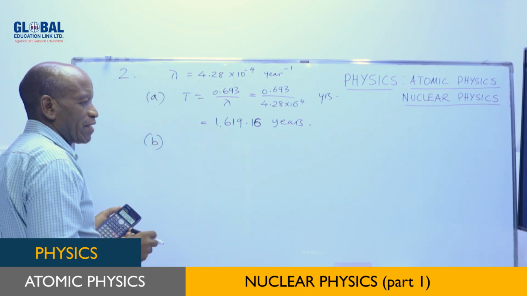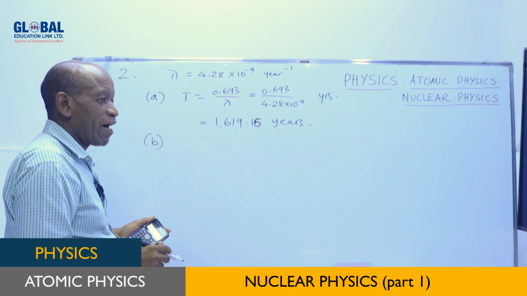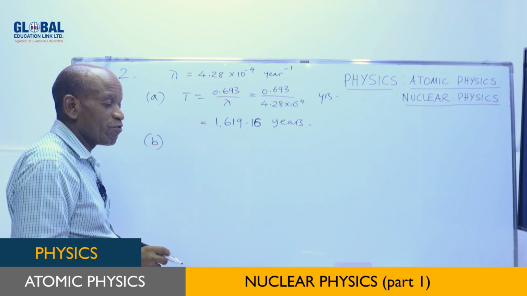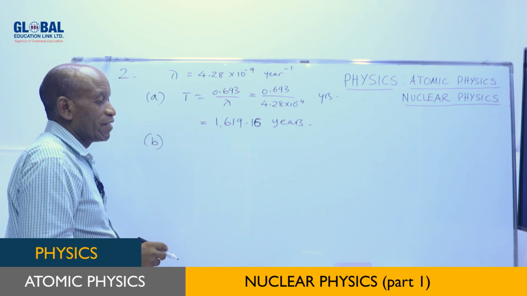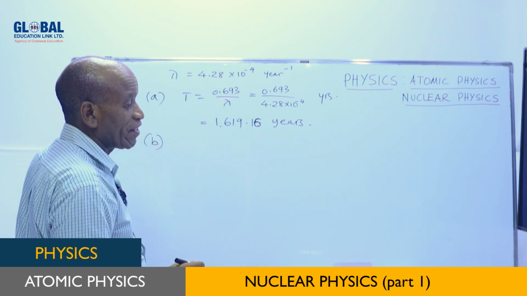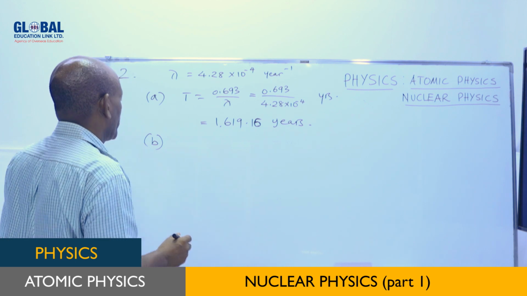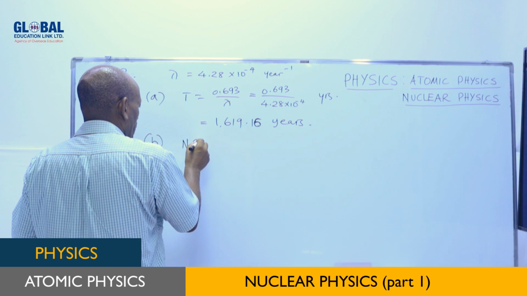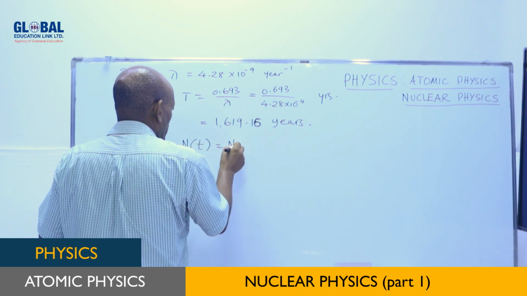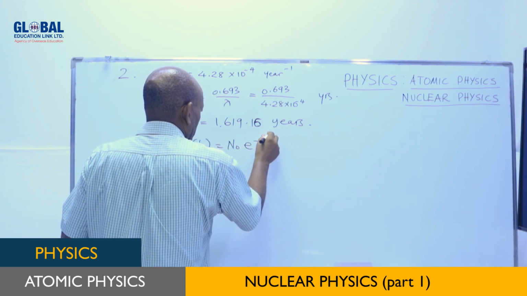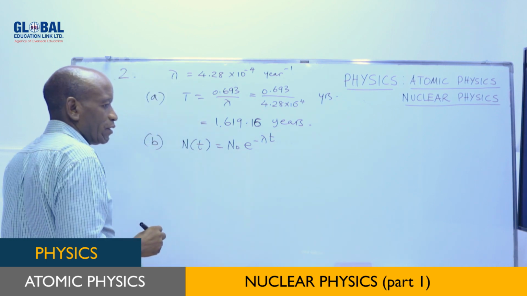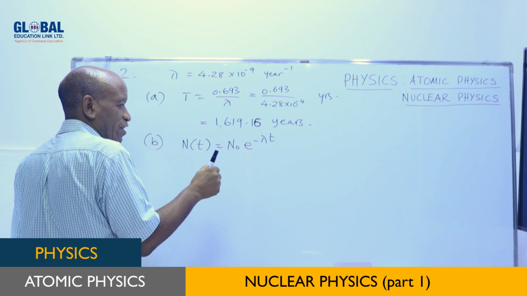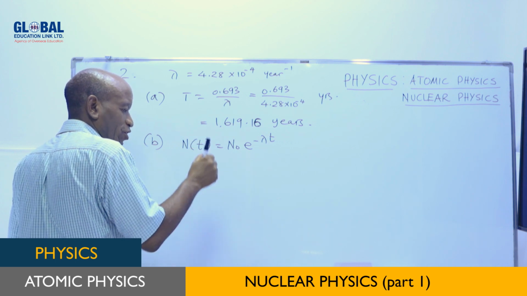We are being asked to determine the time after which its strength is reduced to 1/10 of its original value. So here, from our expression N(t) equals N naught e power minus lambda t, we need to determine the time at which the strength is reduced to 1/10 of its original value.